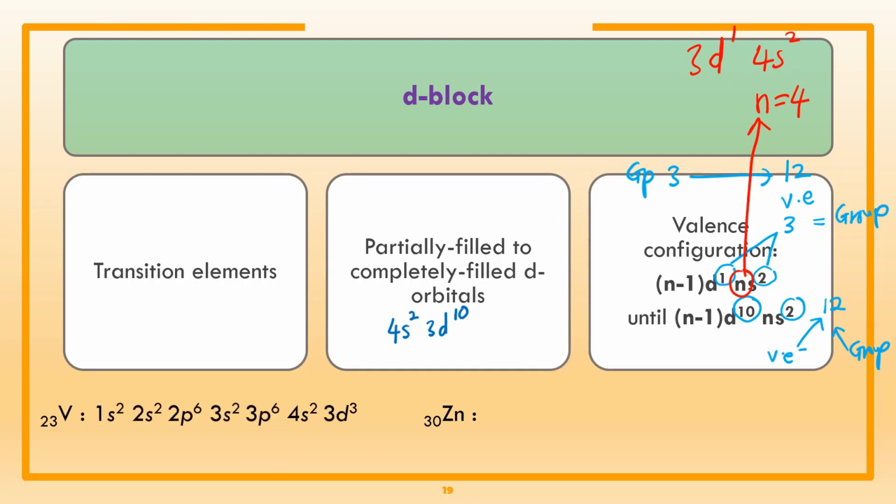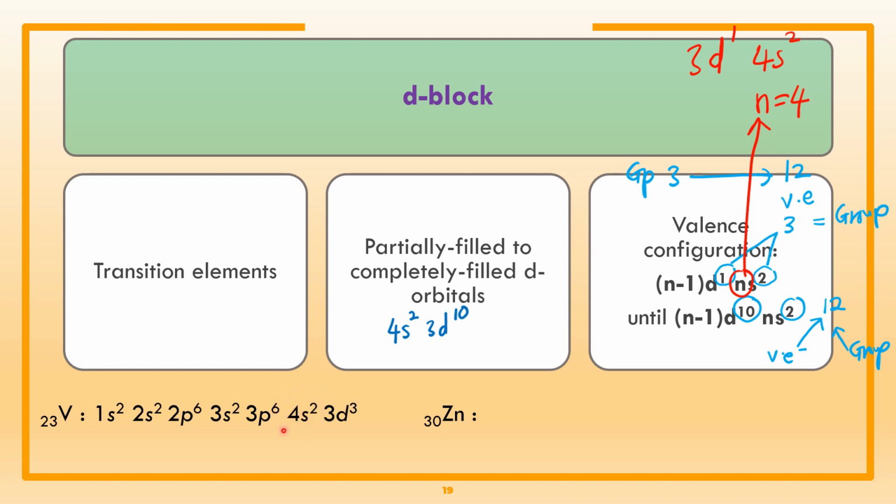Now, let's take vanadium as the example. By writing its electronic configuration, you fill the electrons according to increasing energy level. And of course, we fill 4S first, and then you fill the 3D. And please remember, after you have completed writing in this sequence, make sure you change the position between the 4S and 3D.